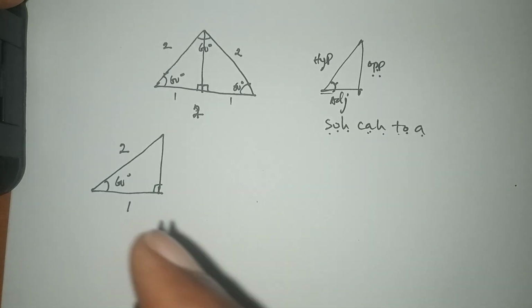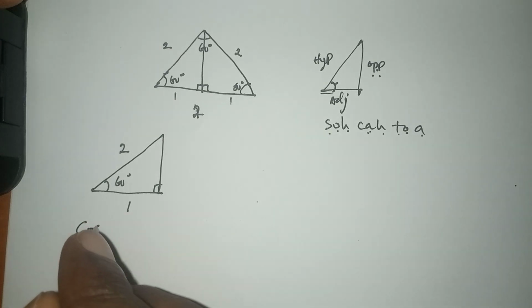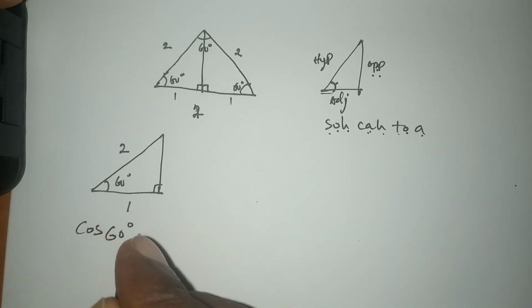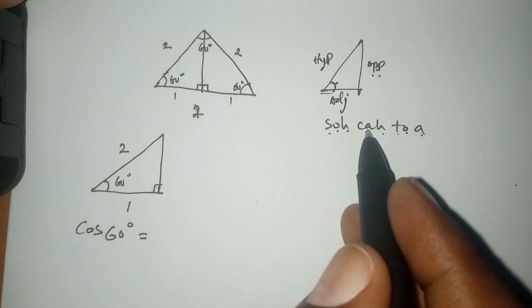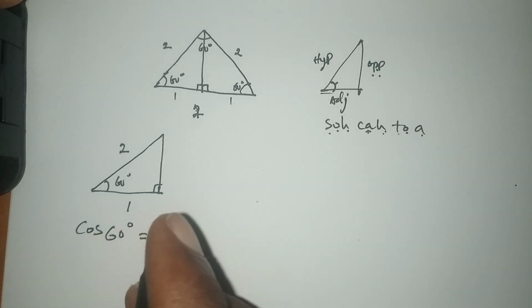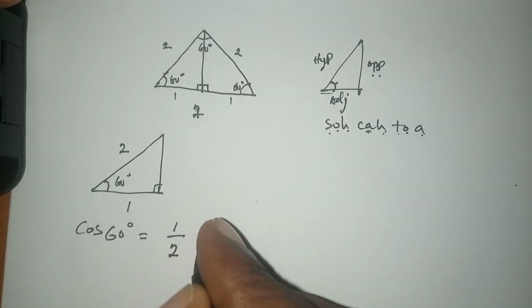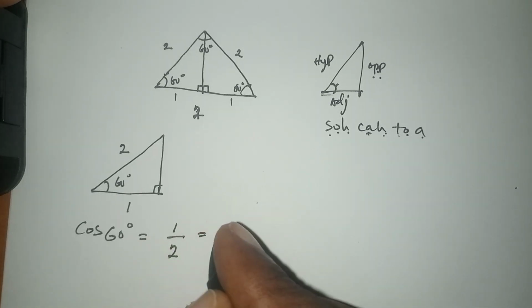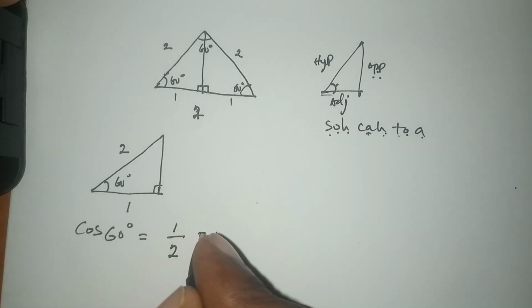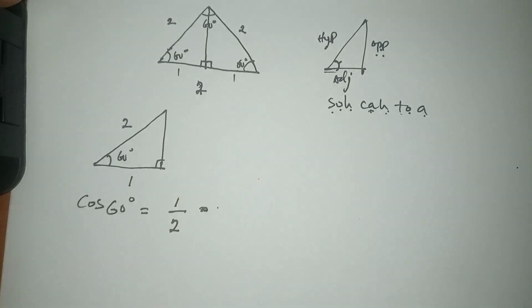Hypotenuse and adjacent. So cos 60 is adjacent over hypotenuse. So what's adjacent? 1. And hypotenuse is 2. So that's 1 over 2. That's cos 60.